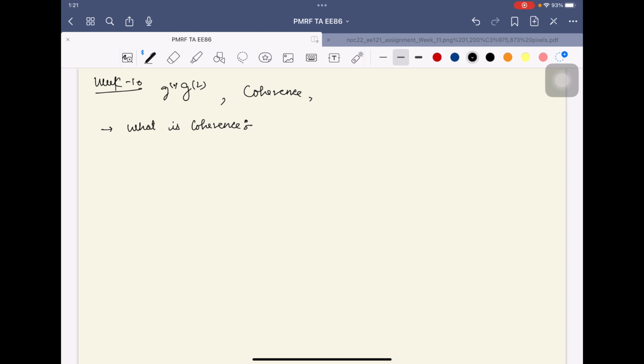If we go to the qualitative concept, like you all had about Young's double slit experiment, here are the slits and this is the screen. Let's say this is the point P, and light goes to P from here and here, and this is the angle theta.